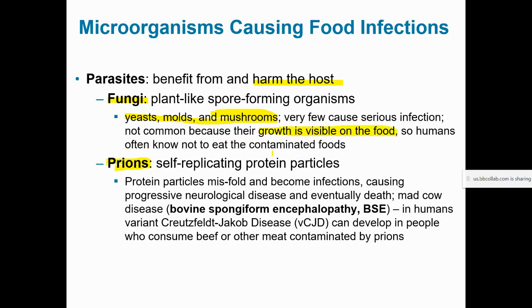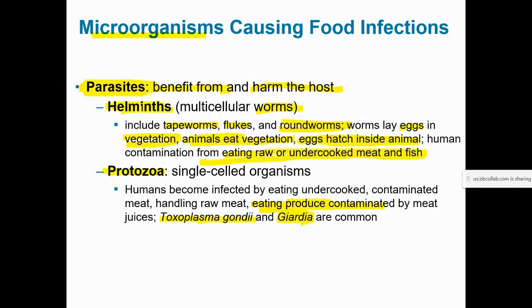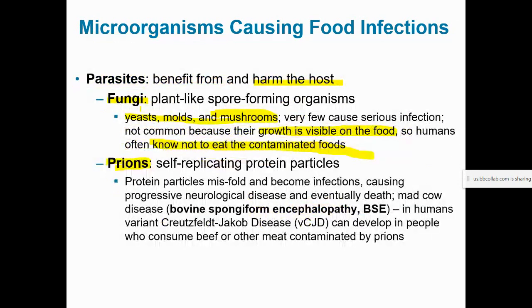We can see that the food is affected by a fungus, so we know not to eat it, right? That's why yeasts and molds and mushrooms don't often cause serious problems, because we don't often ingest the fungi because we can see it. Whereas with viruses, bacteria, helminths, and protozoa, typically we can't see those, so we eat it unknowingly.